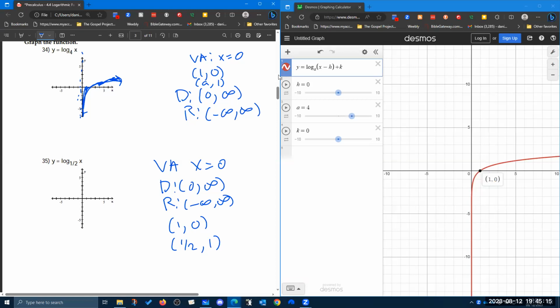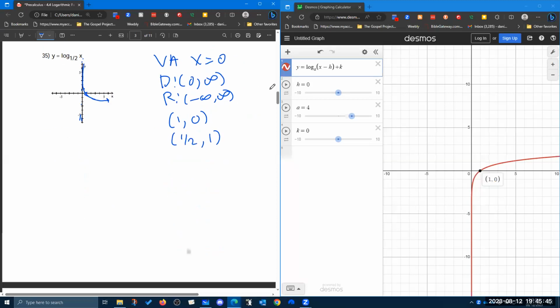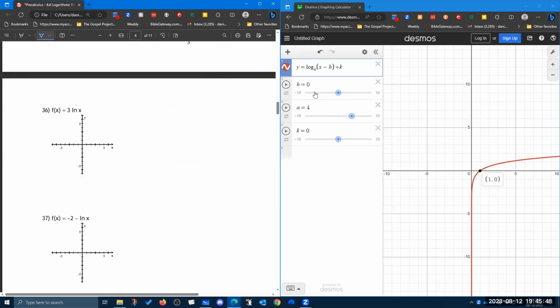1, 0, and 1/2, 1. So this one is going to come this way, like that.